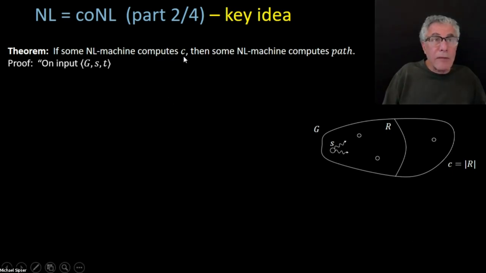Now, I'm not telling you how to compute C. That's for later, which I probably won't get to. But just pretend we can somehow figure out the count of the number of reachable nodes.